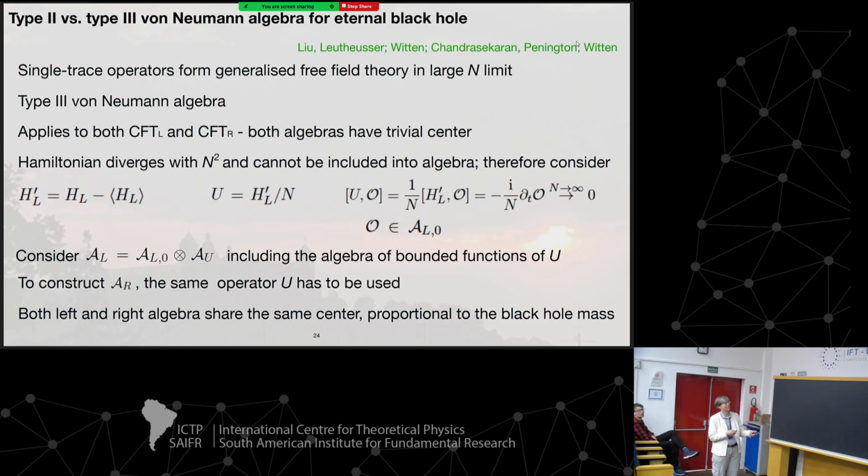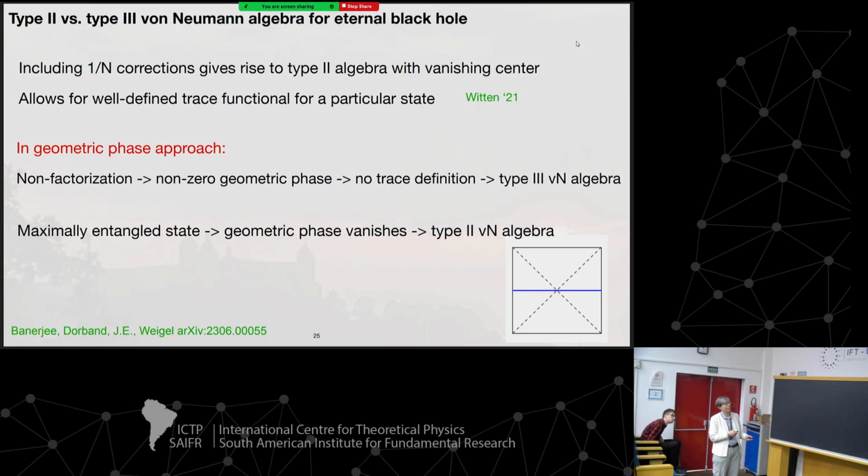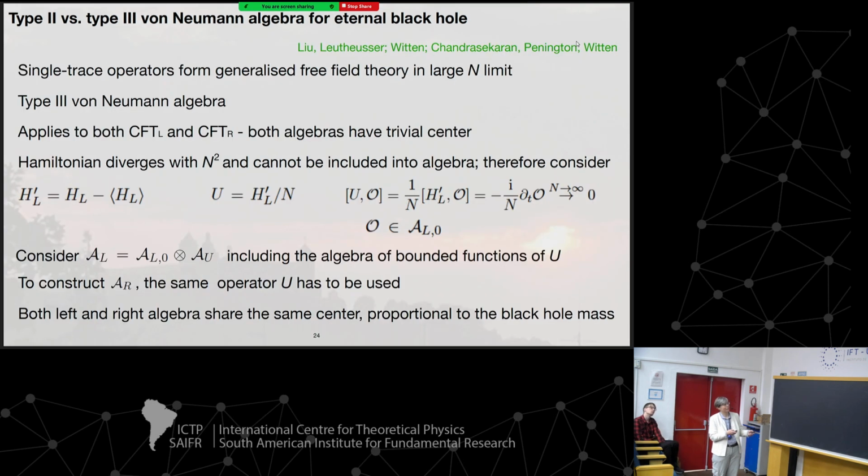So this is the von Neumann construction, and I just have an analogy here. Including the 1/N correction then just means that U doesn't commute with all the operators anymore, and that really leads to the same center which you have on the two sides. Our holonomy does something very similar.